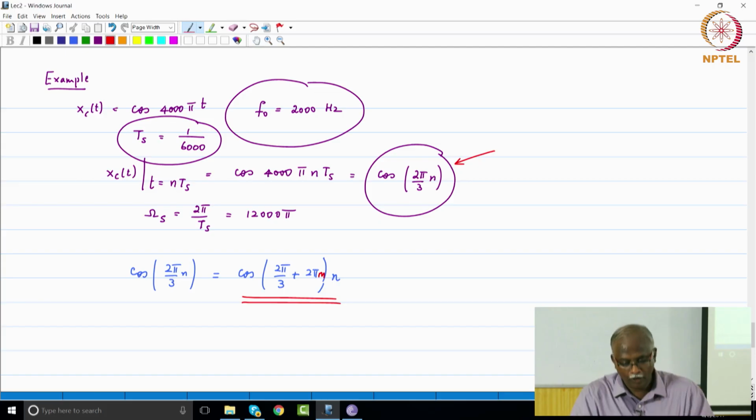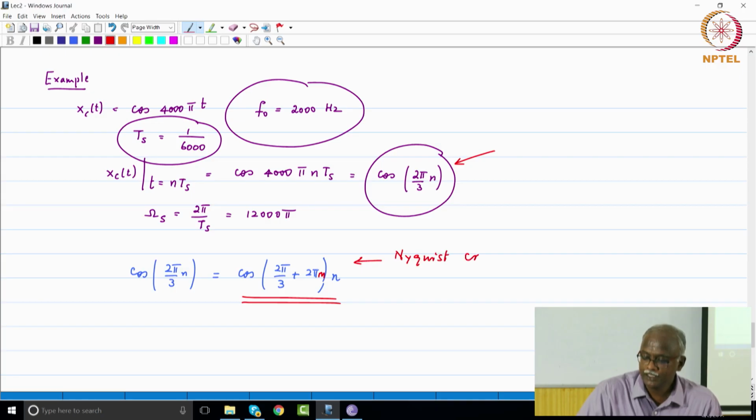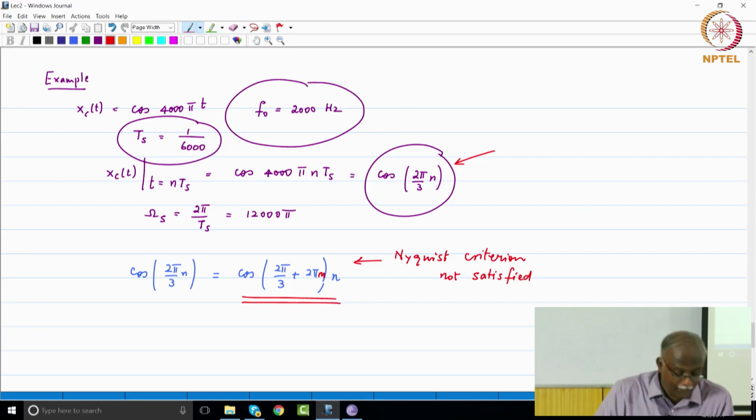There are cases where the Nyquist criterion is not satisfied. Then you do not have the guarantee that the discrete time signal is unique. However, this is not a bad thing, it is not a negative thing.